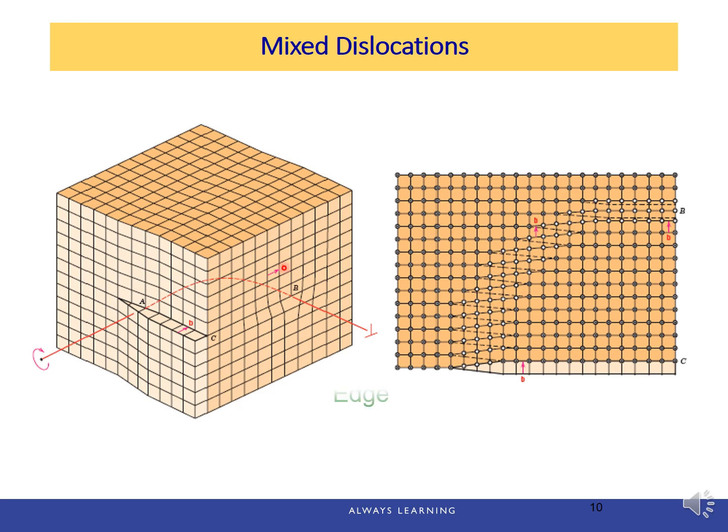At point B on this surface, we have a pure edge dislocation. This is the edge dislocation with the symbol, and the Burgers vector is perpendicular to the edge dislocation line, which is going into the plane.